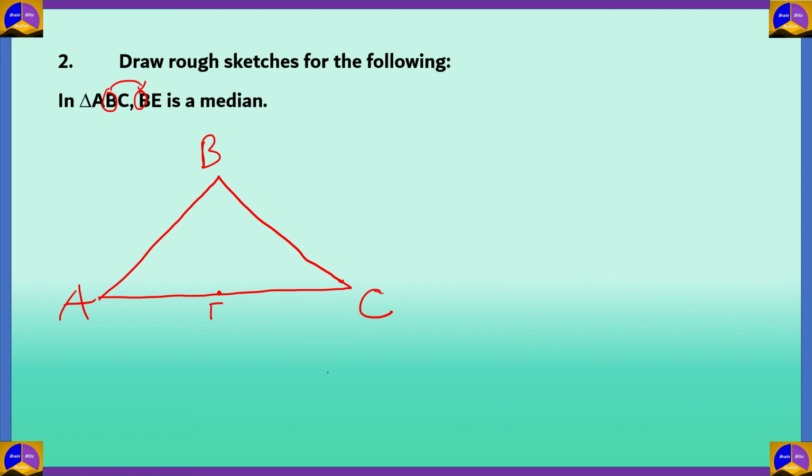Let's say that is point E, and this is X and 2X totally. So we have to draw the median BE. If we connect it, we get the median. So BE is the median in triangle ABC as per the figure we have drawn. So that is the answer for this question.